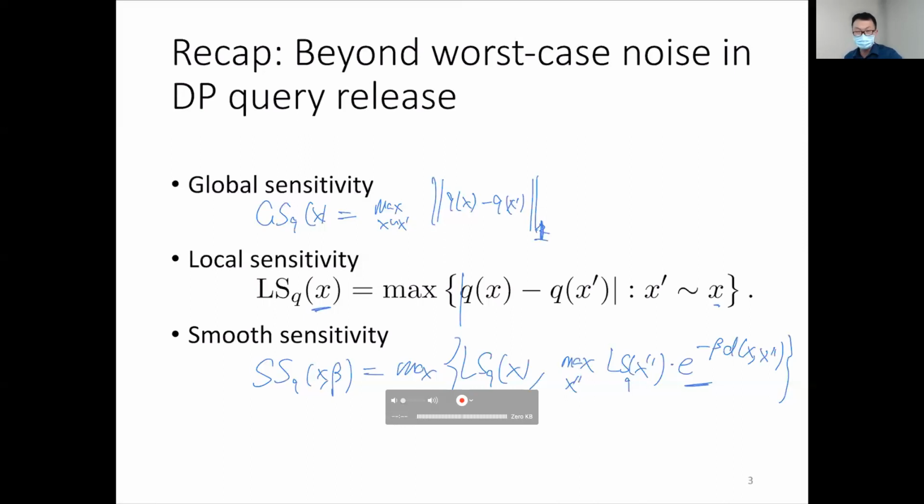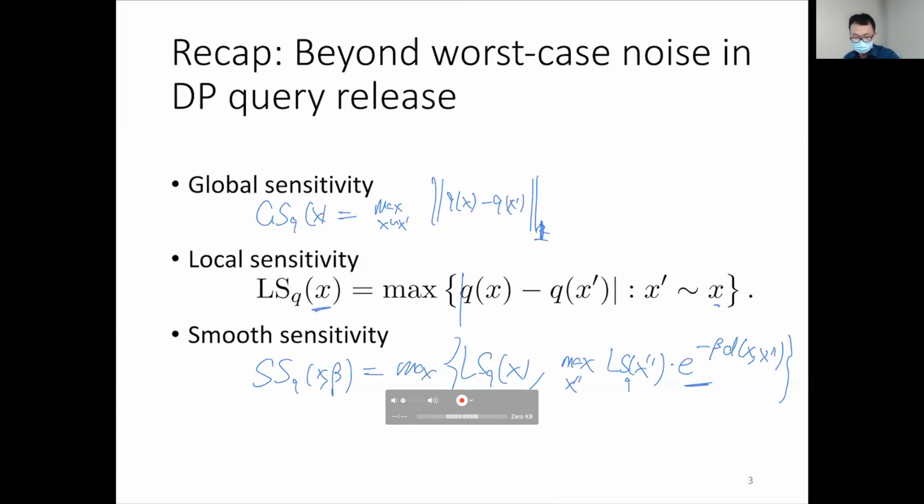So the issue about local sensitivity is that the local sensitivity itself can be highly sensitive, and the smooth sensitivity addresses this problem by algorithmically smoothing the distribution of the noise that we add, no matter what the local sensitivity is. In those cases when the local sensitivity itself is already smooth, the smooth sensitivity is going to be very similar to local sensitivity.